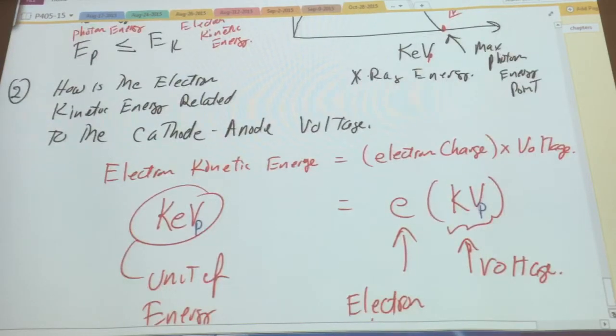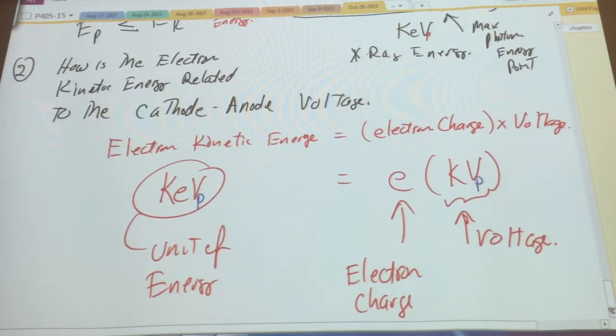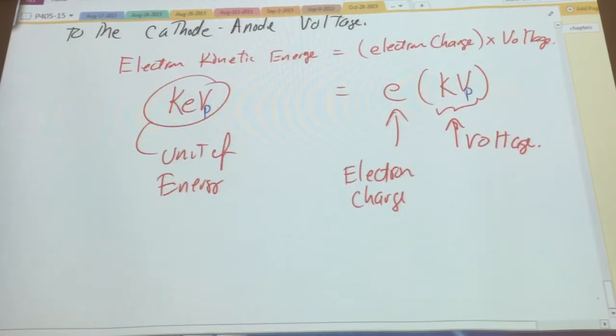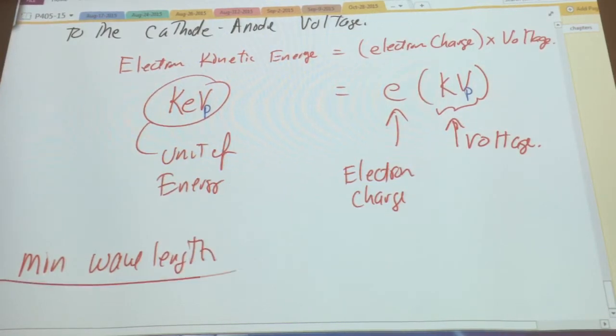Something nice and simple, that would have been great. That's not what it ended up with. It ends up getting called the point with the minimum wavelength.